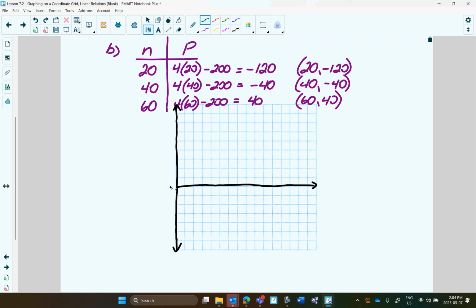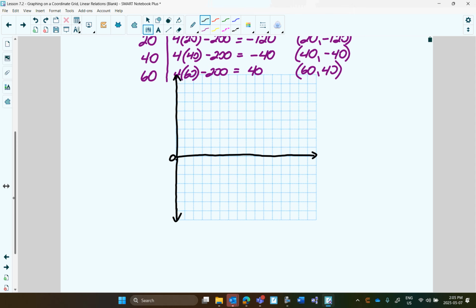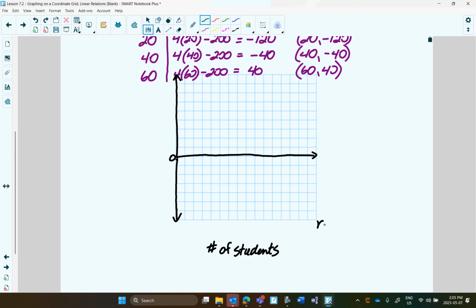So our zeros are going to be here. This is the number of students, which we have called N. I'm just putting it down here to keep it out of the way of the graph. And this would be the profit, which we have called capital P.